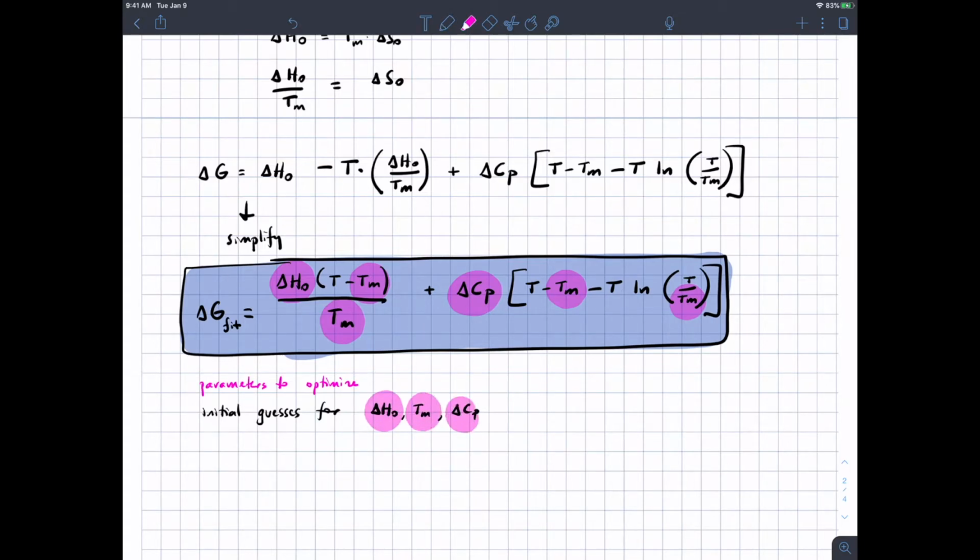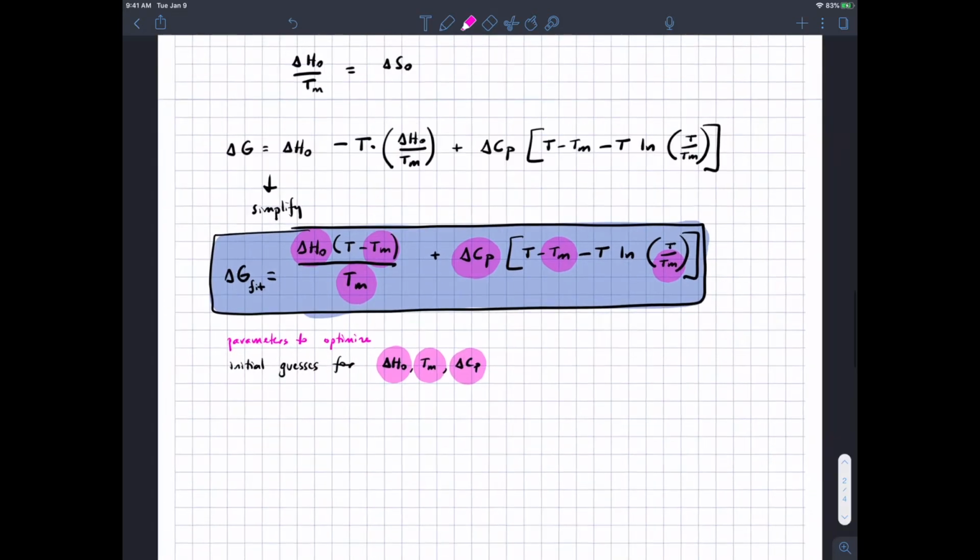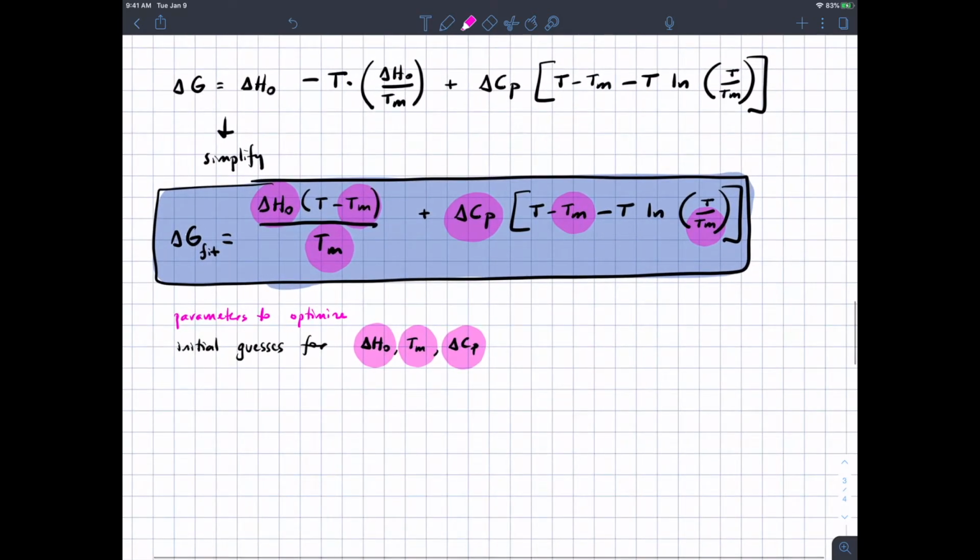And sometimes in the fitting process, you have to be careful as to what your initial guesses are, because sometimes there are some combinations of these numbers that'll give you answers that are not real or cause the fitting process to mess up.